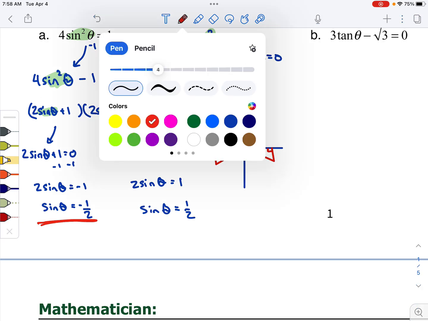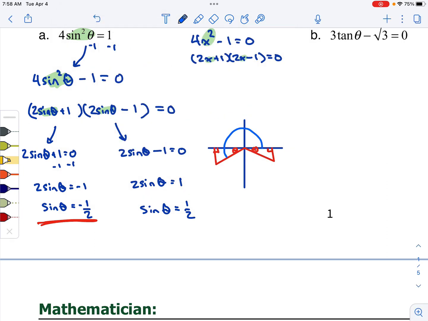And so to get all the way to here, if the opposite side is negative 1/2, I know it's a 30, 60, 90 triangle, x, x root 3, 2x, that's a 30-degree angle. So the reference angle is pi over 6. So one answer could be 7 pi over 6. Or to get around to this one, it would be 11 pi over 6. So I'm going to write that down over here.